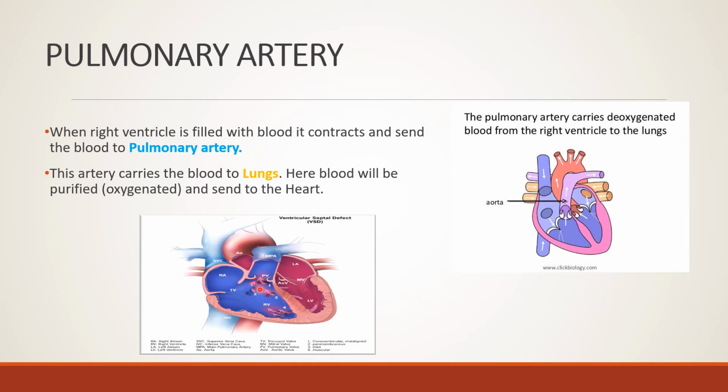Deoxygenated means oxygen is very low in this blood and more carbon dioxide is present. Oxygenated blood means oxygen is rich in this blood. So this deoxygenated blood enters the pulmonary artery, which brings it to the lungs to be purified.